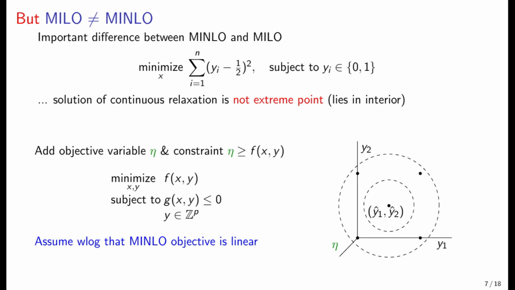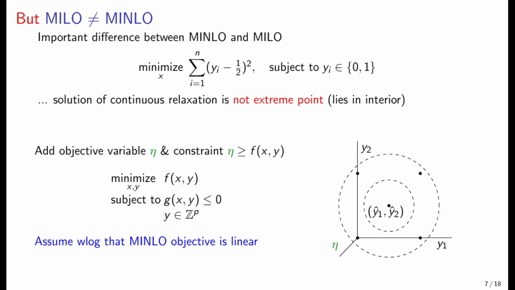If I don't add this eta, that's eta coming out of the board here. If I didn't have this eta, then this example shows that even if I know the convex hull of these 4 points, which is just the box that connects these 4 points, and I solve this relaxation, I can find a point that lies in the interior.